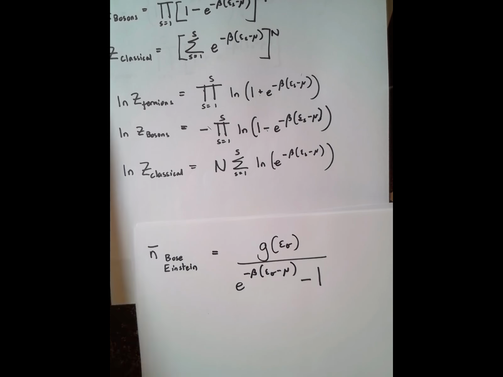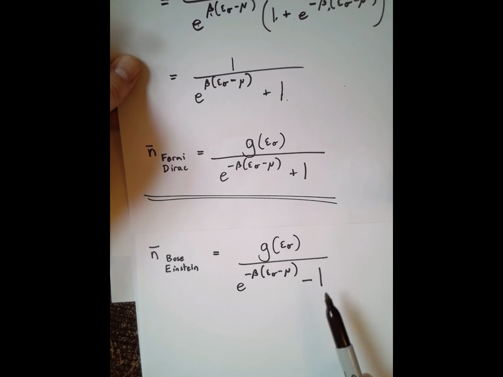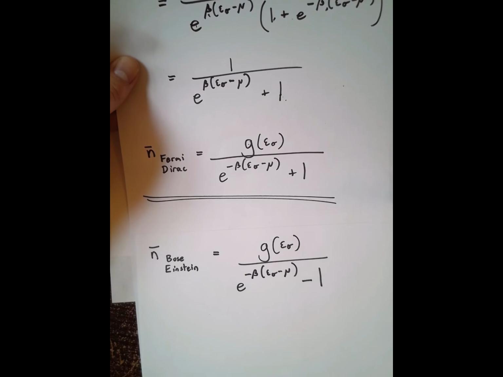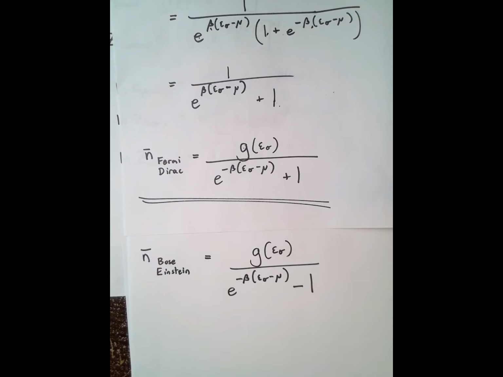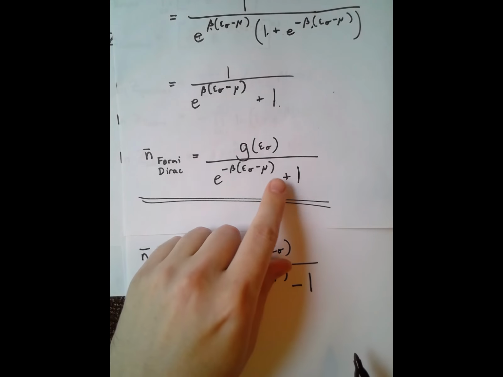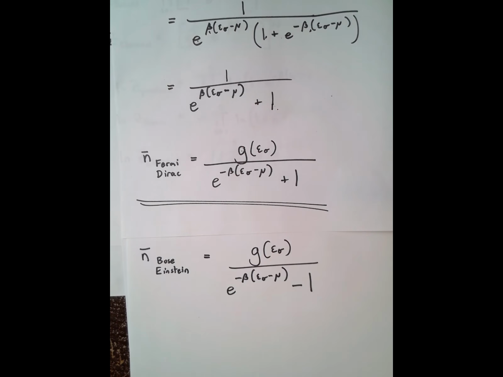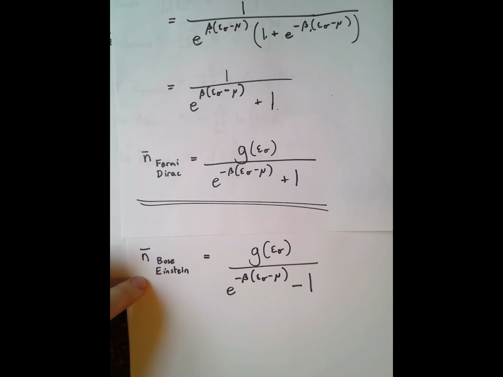Okay. So this is very similar. The only difference between the two distribution functions is that one is a plus and one is a minus. If you ever wanted an argument as to why minus signs are important, this is it. This one difference creates completely, vastly, utterly different physics for fermions and bosons.